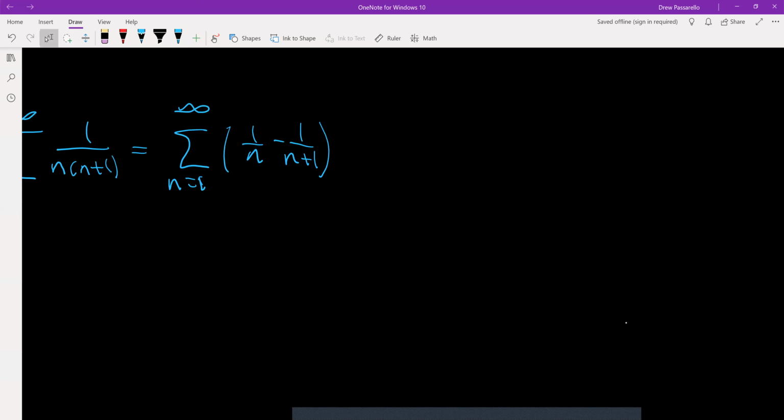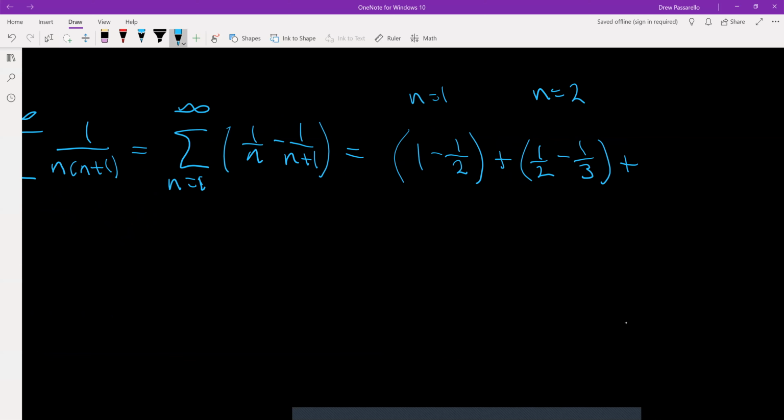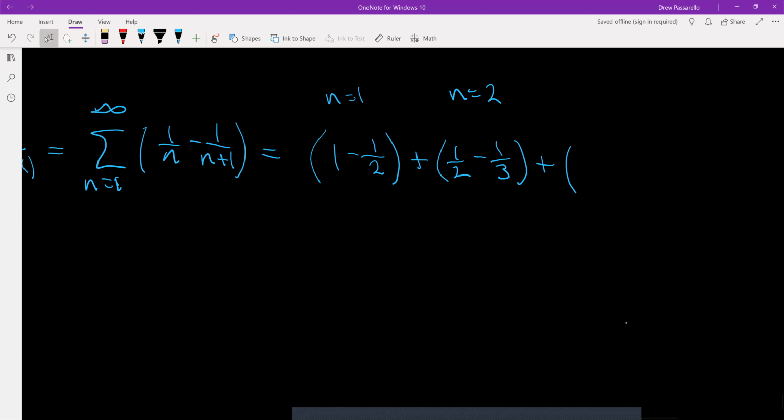And what does this look like? If n is 1, that's 1 minus 1/2, and when n is 2, that's plus 1/2 minus 1/3. I think you get the pattern, so when n is 3, that's 1/3 minus 1/4.